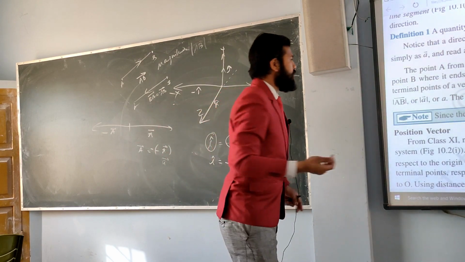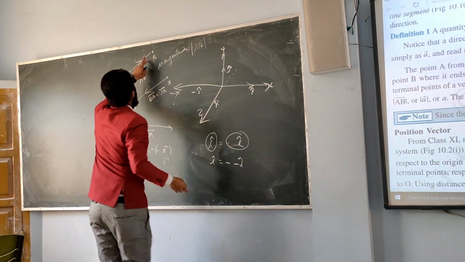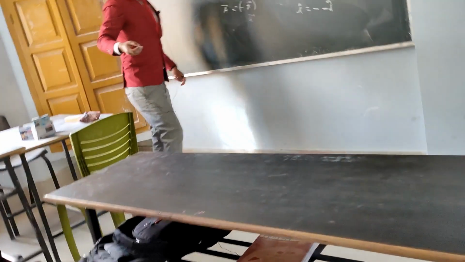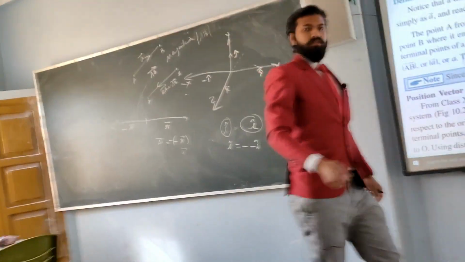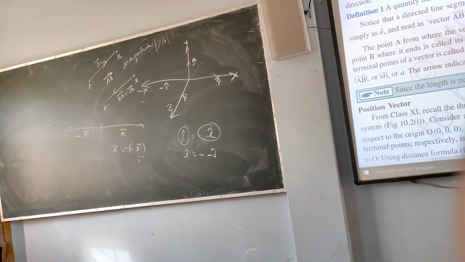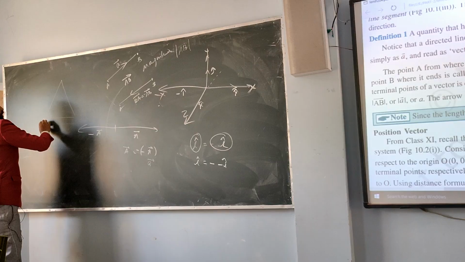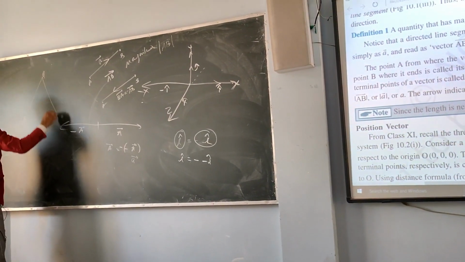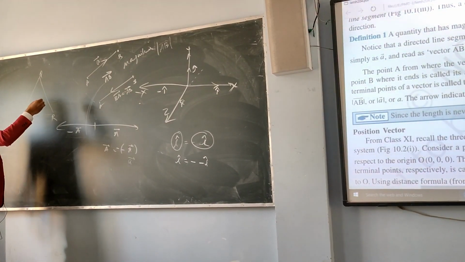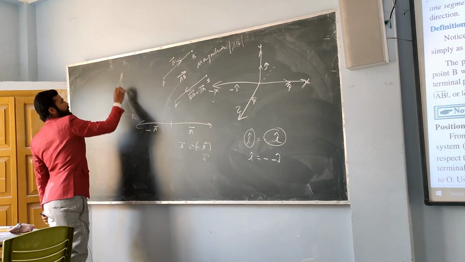Okay, fantastic. So this AB vector, I don't want to write like that; I want to use it as A vector. For example, in a triangle PQR, someone is using side PQ, or somebody is using 5, 7, 8.